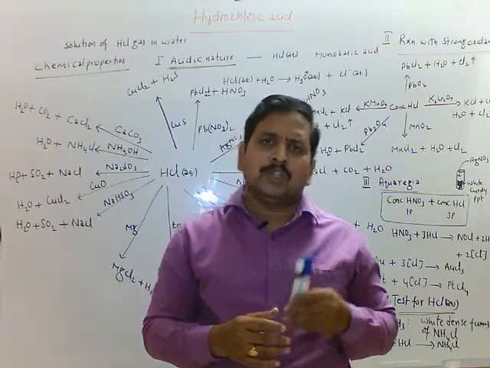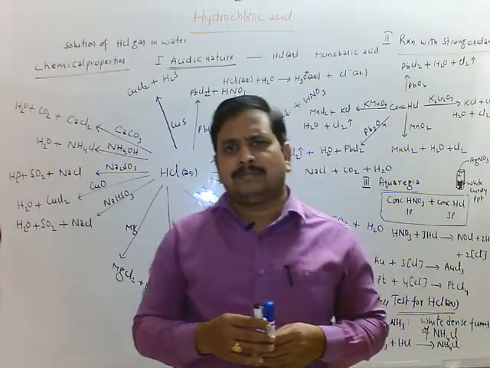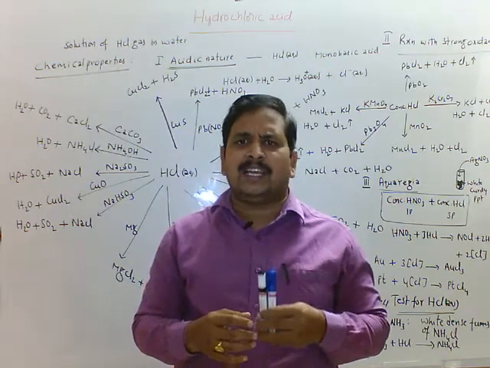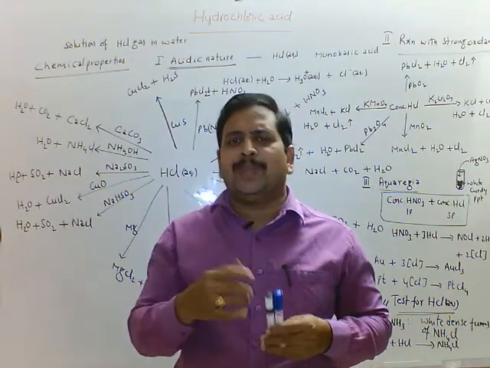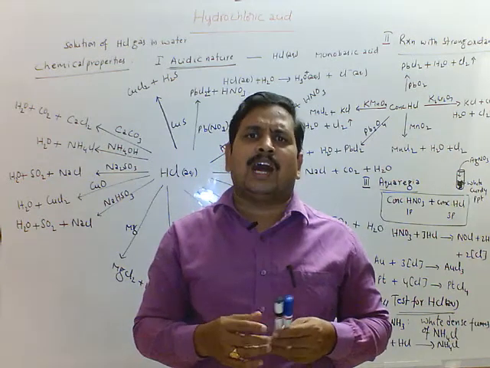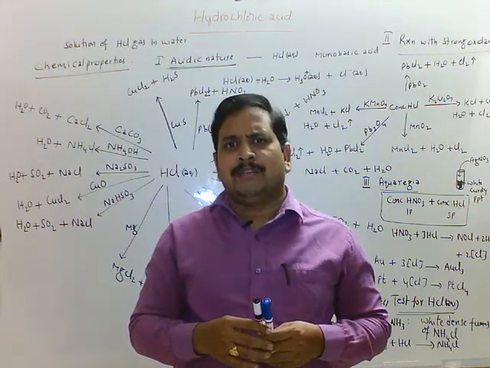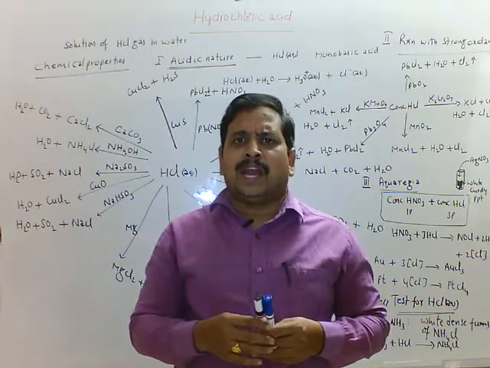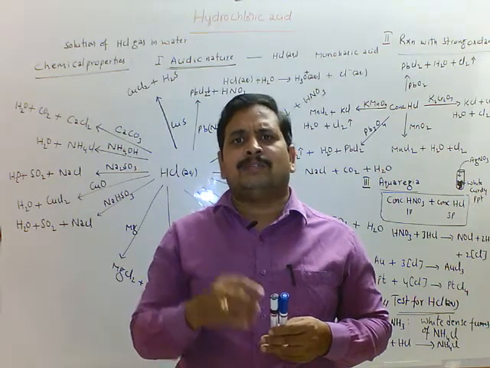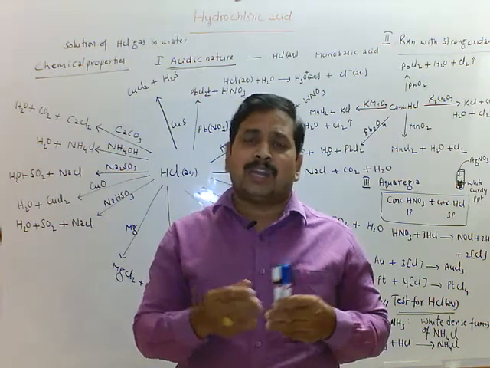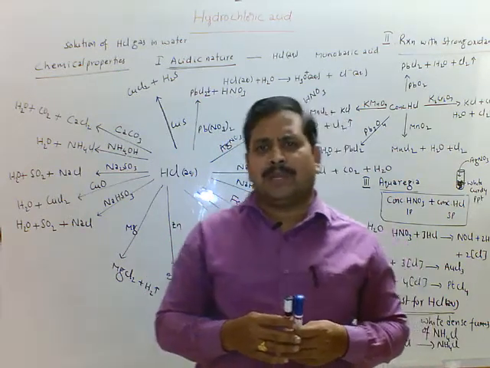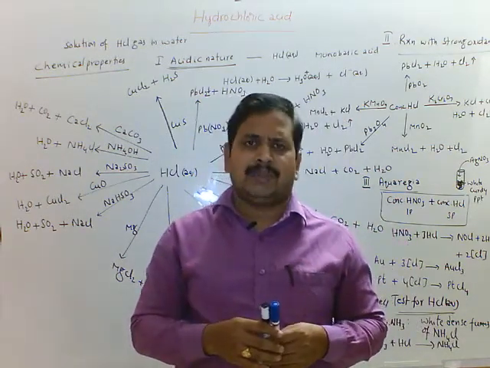It is used to prepare aqua regia. It is used as a laboratory reagent. It is used in the pickling of metals before galvanization. That means by washing with hydrochloric acid, the oxides of the metals are dissolved in it. That's why that process we are called as pickling of metals. Before galvanization we are using.